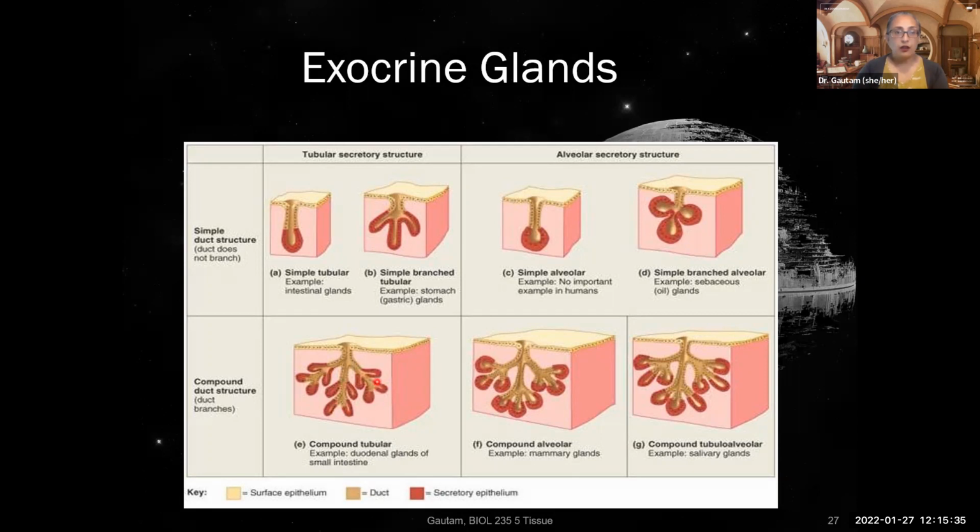Now, these are several secretory units, but each one has its own duct, which then merges into one duct. Same thing for alveolar, spherical shaped. This is simple, and this is compound. This is also simple, even though there are several secretory units, they all share one duct. So simple, the duct does not branch. Compound, the duct branches. That's an easier way to think of it.